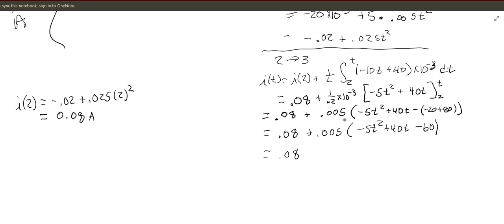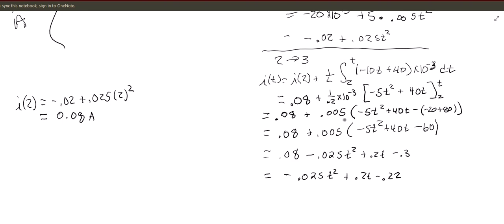0.08 minus 0.025 t squared plus 0.2t minus 0.3, and then combine the 0.08 and the minus 0.3, you get minus 0.025 t squared plus 0.2t minus 0.22.